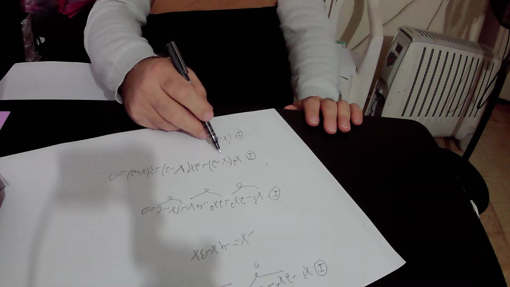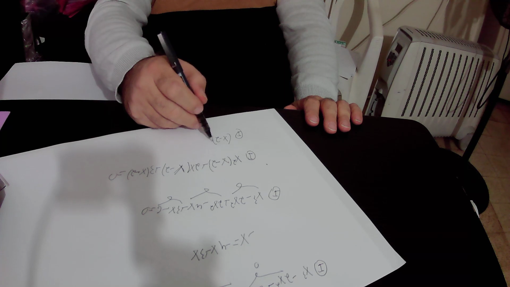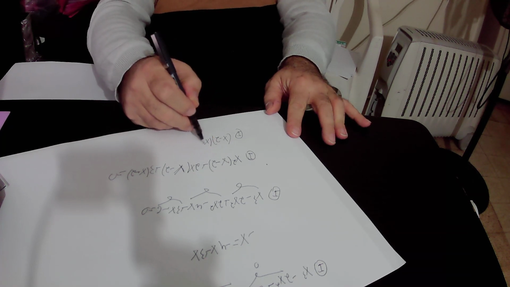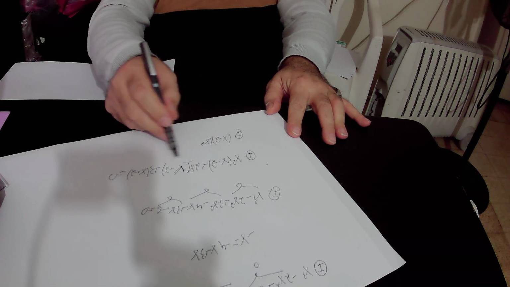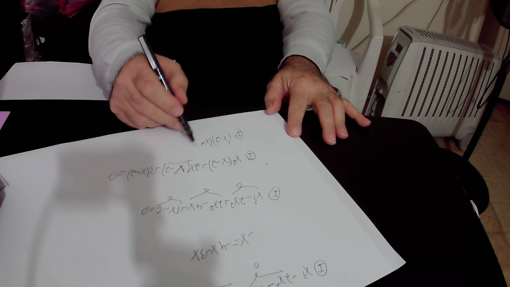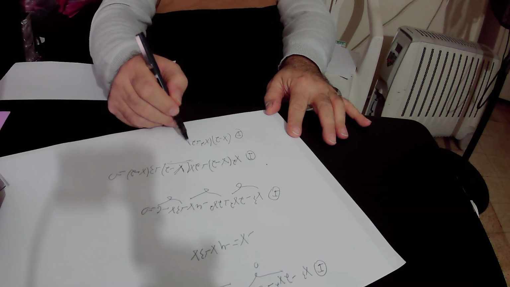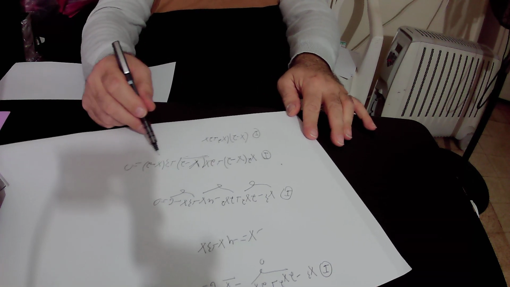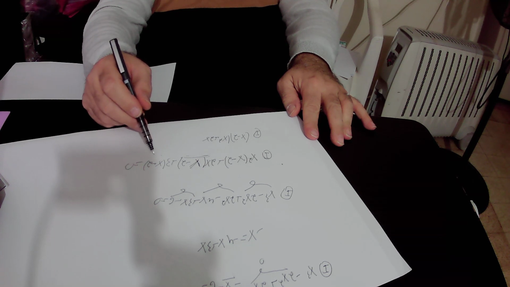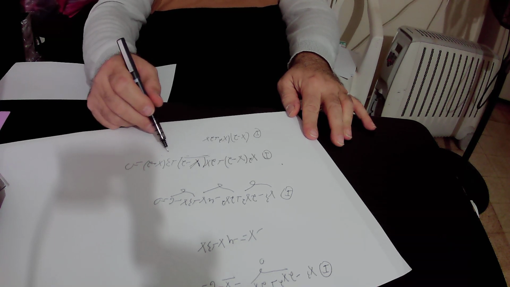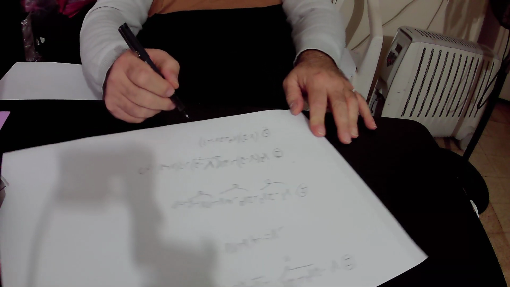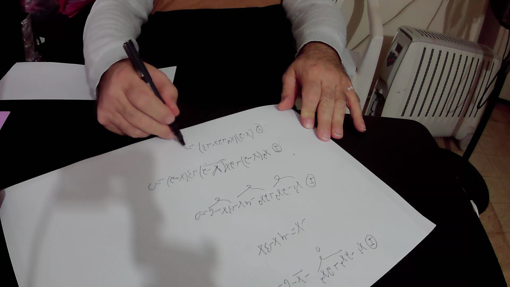So what is left here after we took x minus 2 as a common factor is x squared, and what is left from this expression after we took x minus 2 as a common factor is actually plus 2x, and what is left from this expression 3 times x minus 2 after we took x minus 2 as a common factor is actually plus 3. So in total we got, and all equals to 0.